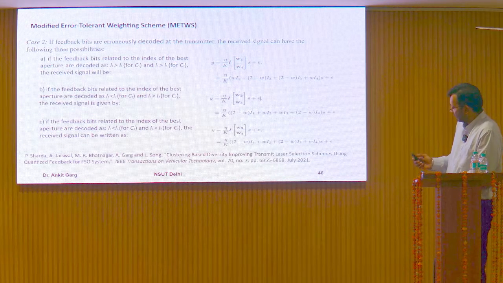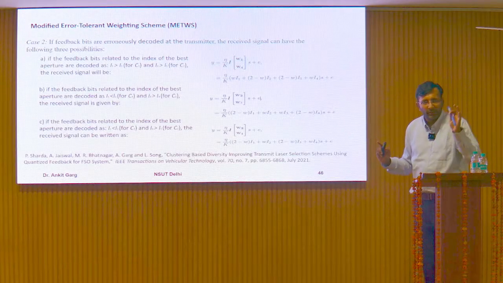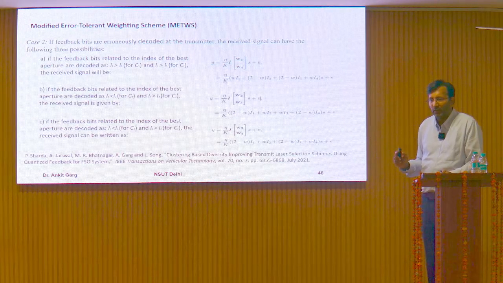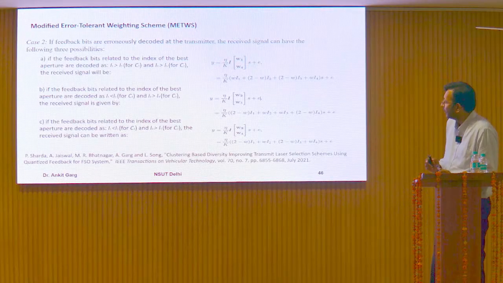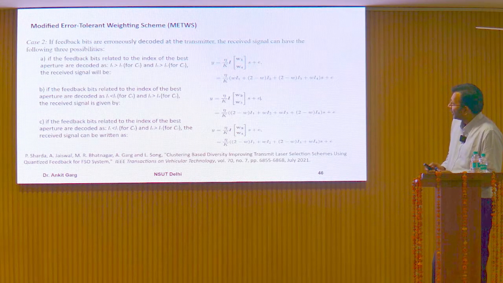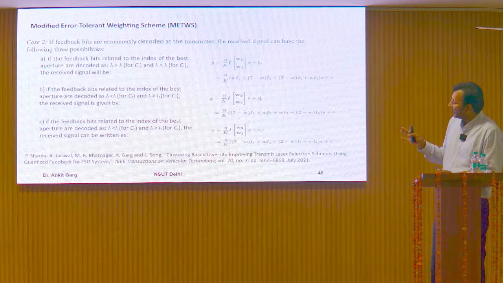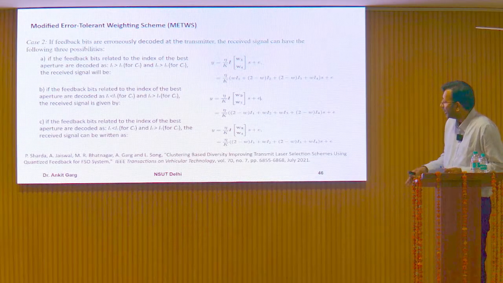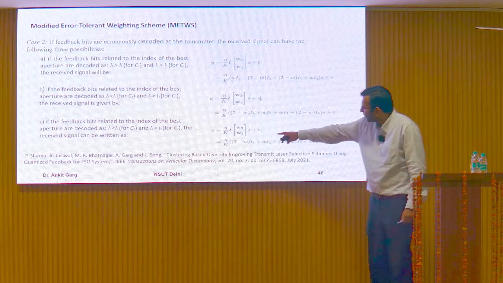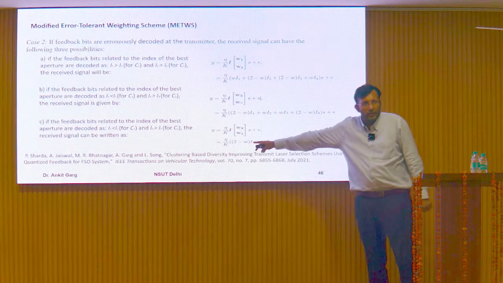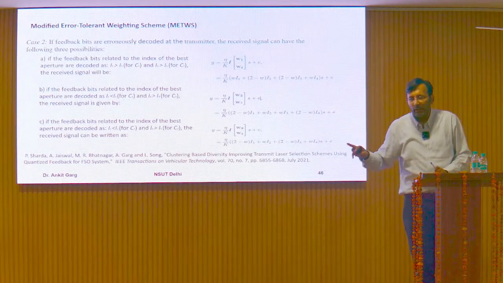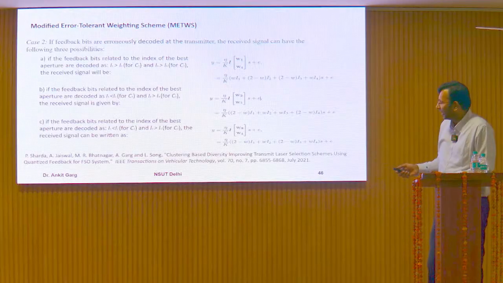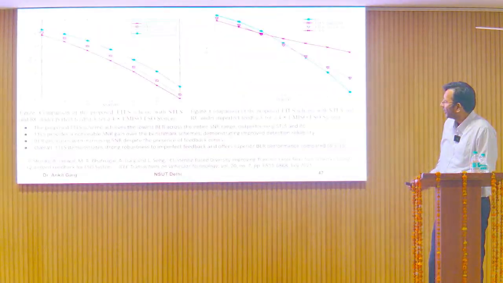So W1 is selected correctly from the first cluster, but W4 is selected incorrectly from the second cluster. In another case, W2 is selected incorrectly from the first cluster, W3 correctly from the other cluster, and the last is the most severe one, wrong from the first cluster as well as wrong from the second cluster, right?